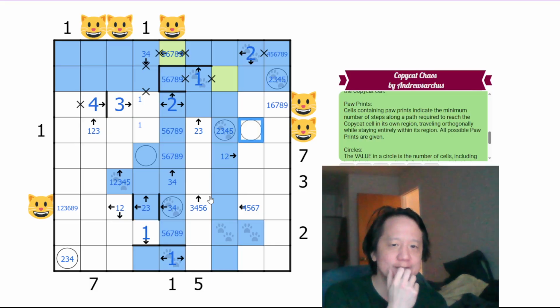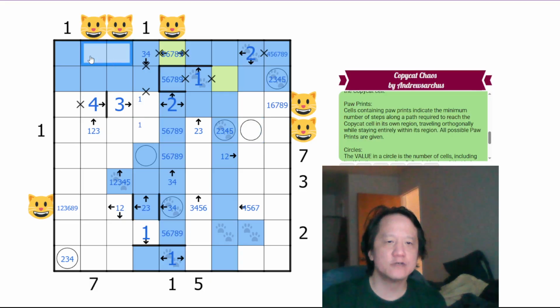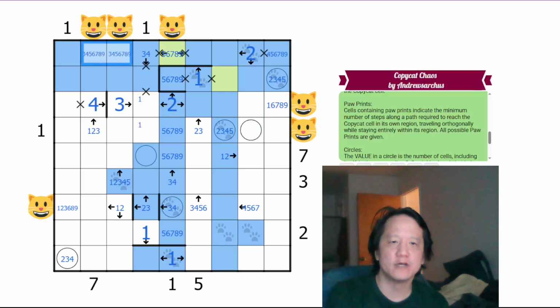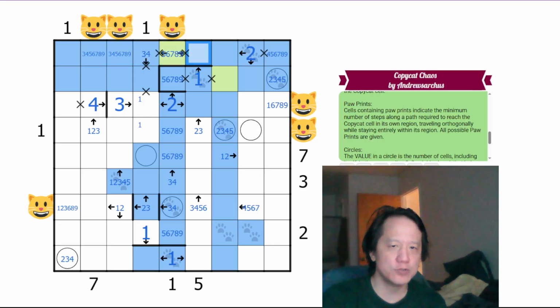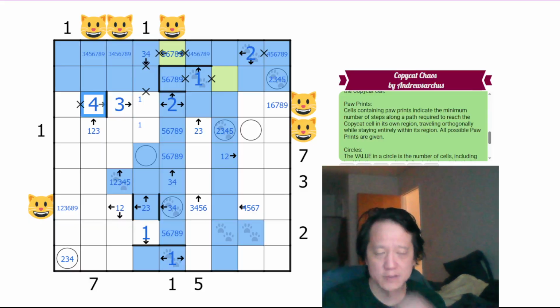What else do we know? Values here for the copycats are 3 through 9. No 1 here, no 2 here, so this is 3 through 9 as a digit, which is the same. Oh, these are digits also. But we don't know if they're digits or not.